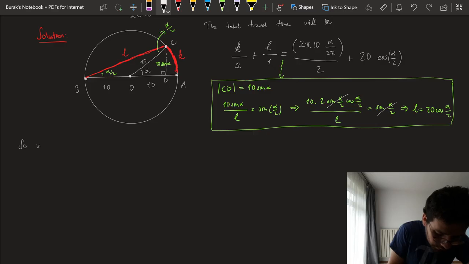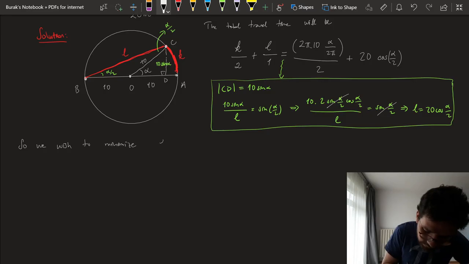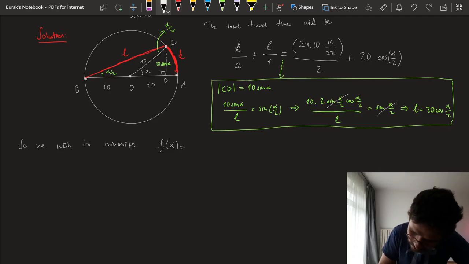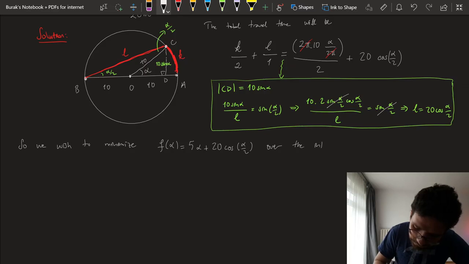So we wish to minimize f of alpha, which is the function, 5 alpha plus 20 cosine alpha over 2, over the interval.